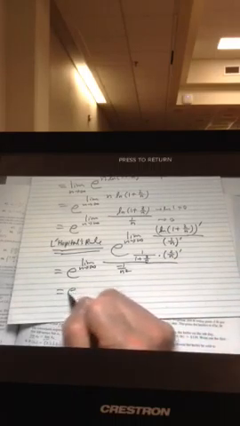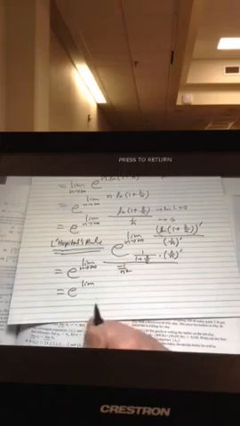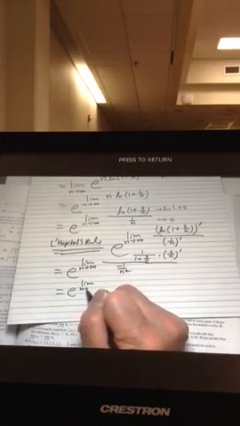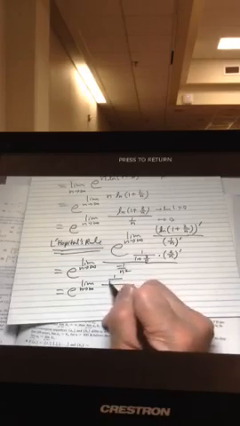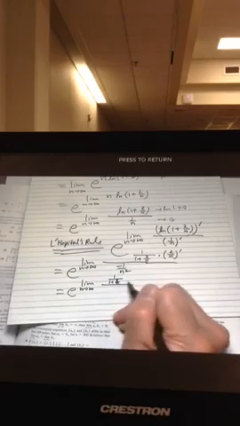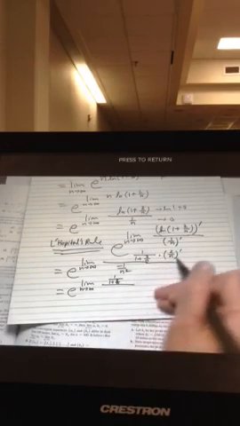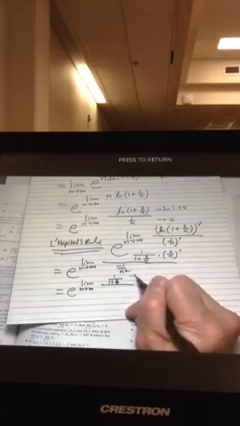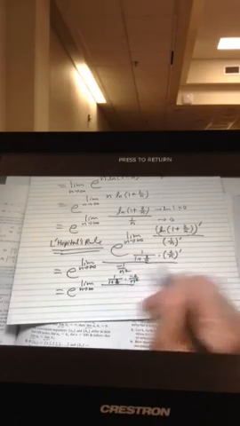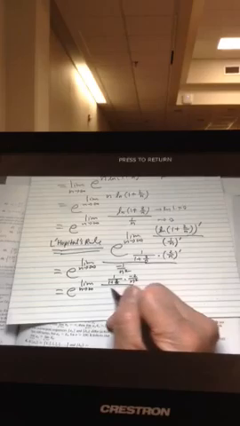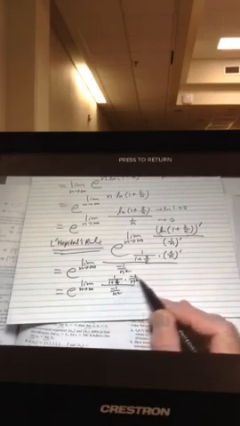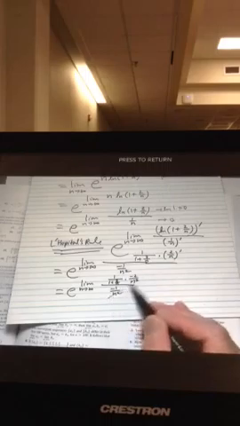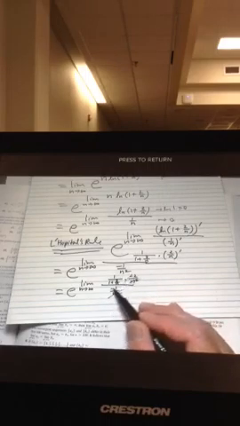So this is e to the limit as n approaches infinity of 1 over (1 + 2/n), times minus 2 over n squared, all over minus 1 over n squared. So I can cancel the n squared. I can cancel the negative sign as well.